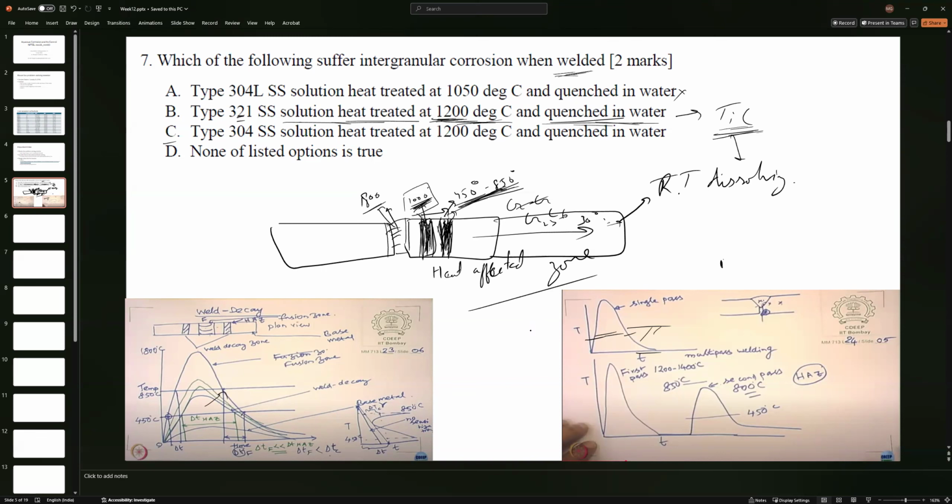I hope you're convinced now. So there's no stabilization or anything, so it will have it.